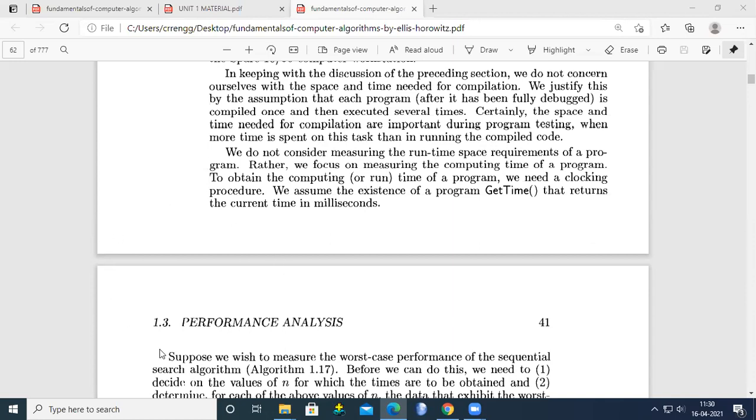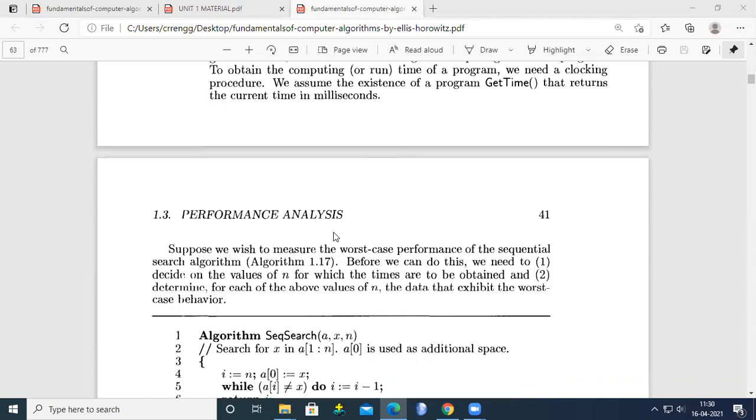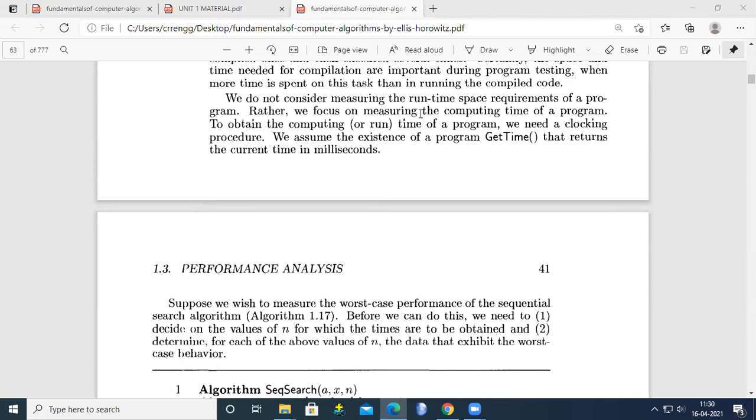So rather than that, we focus on measuring the runtime space requirements and the computing time of a program. To obtain the computing time of a program, that is, the runtime, we need a clocking procedure.